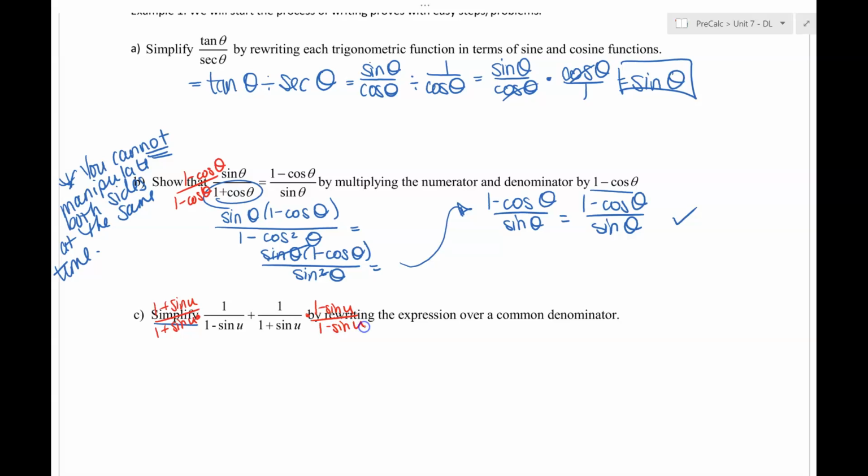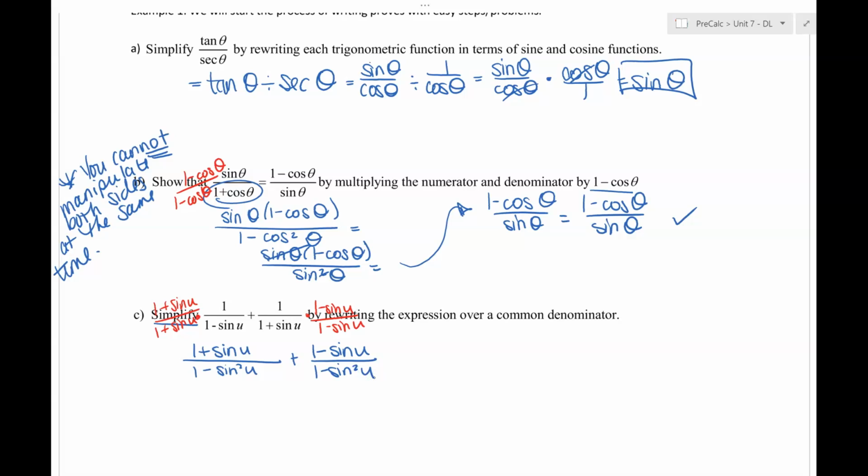And the right I'll multiply by 1 minus sine of u over 1 minus sine of u. So we get 1 plus sine u over 1 minus sine squared of u, and then plus 1 minus sine u all over 1 minus sine squared of u.